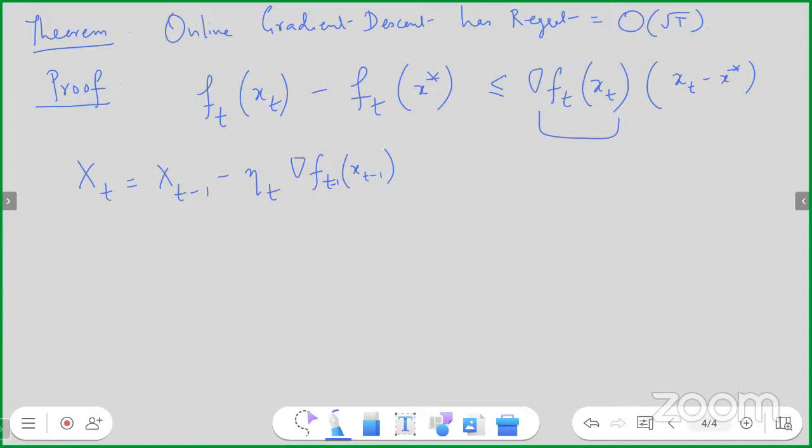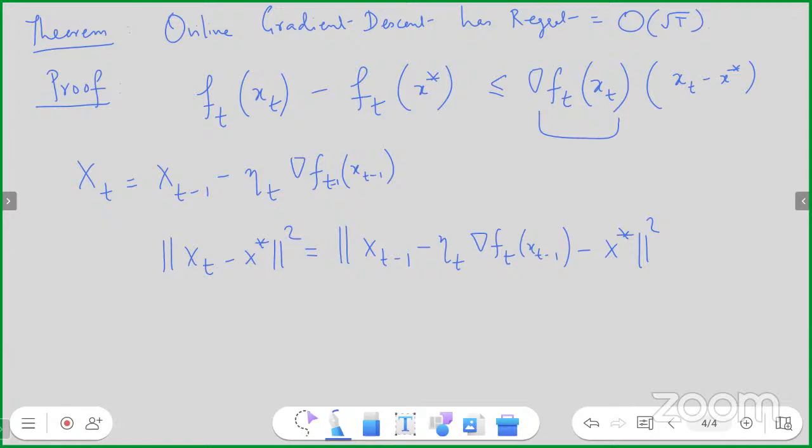So what is the norm of xt minus x star, squared? This is by this definition: xt minus 1 minus eta t gradient ft of xt minus 1, minus x star. Just by definition, right? And why am I interested in this? Because look at this quantity.